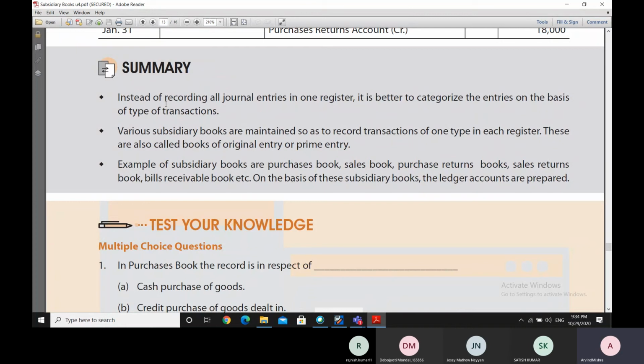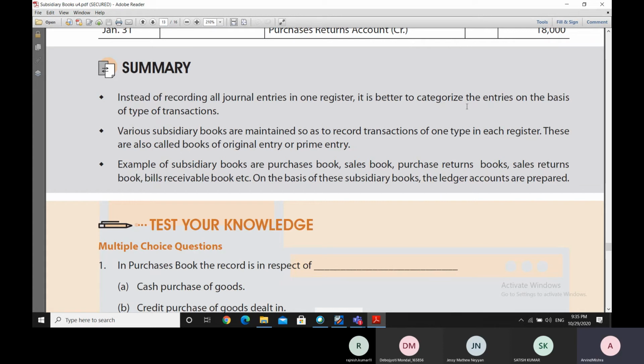So if we were to take a summary of all this, instead of recording all the journal entries in one register only, like in the journal, some of the transactions are categorized and the entries are made on the basis of those types of transactions.